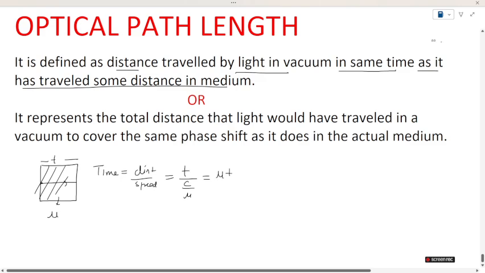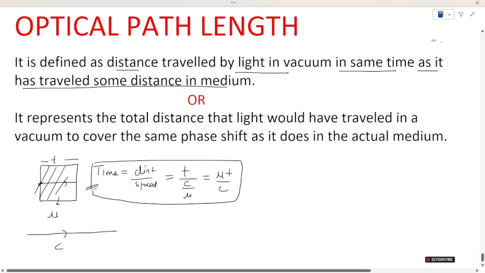This is equal to mu t by c. So in mu t by c time, light will pass through this medium. Now, in this time, the distance traveled by light in vacuum, where the speed of light is c only, is called the optical path length.